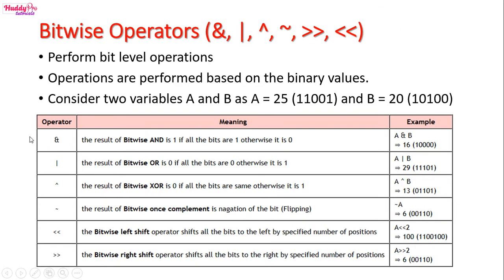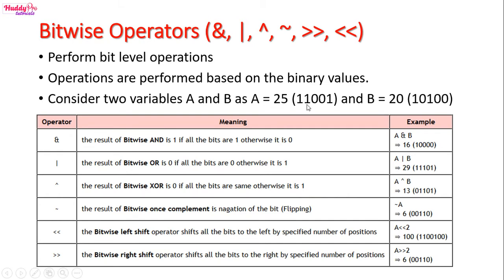Let's talk about the bitwise operators. The bitwise operators are used to perform bit-level operations in the C programming language. When we use the bitwise operators, the operations are performed based on the binary values. This table tries to describe all the bitwise operators in C. We're going to consider two variables, a and b, whereby a has a value of 25 and b has a value of 20, in decimal.